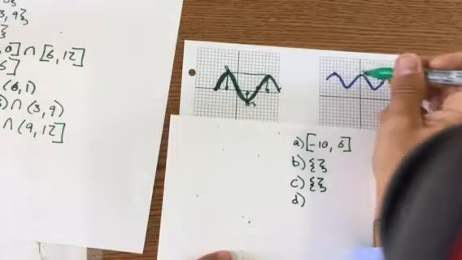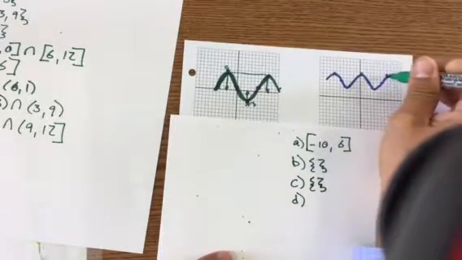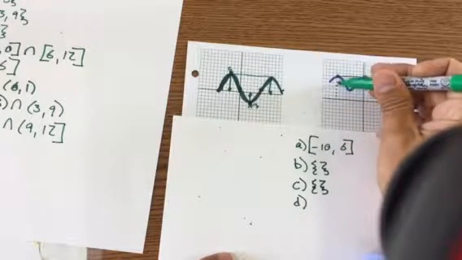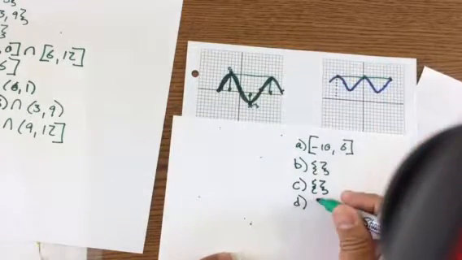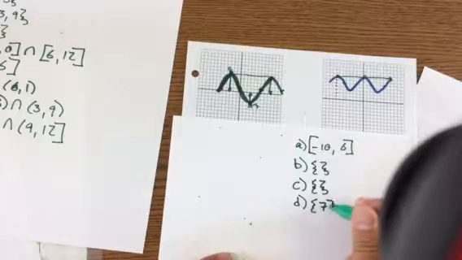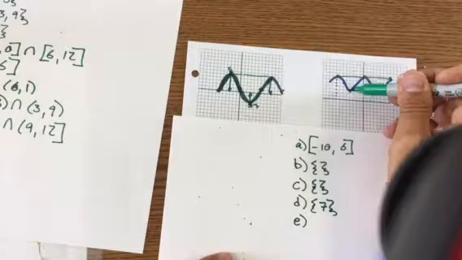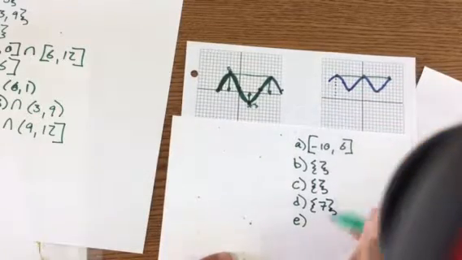Maximum value looks like here, here, and here are all tied. So that's 7. Minimum value is going to be here and here are tied. That's 3.